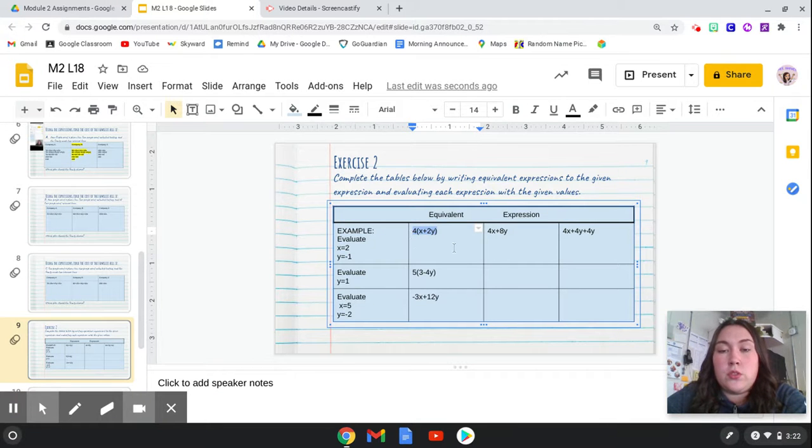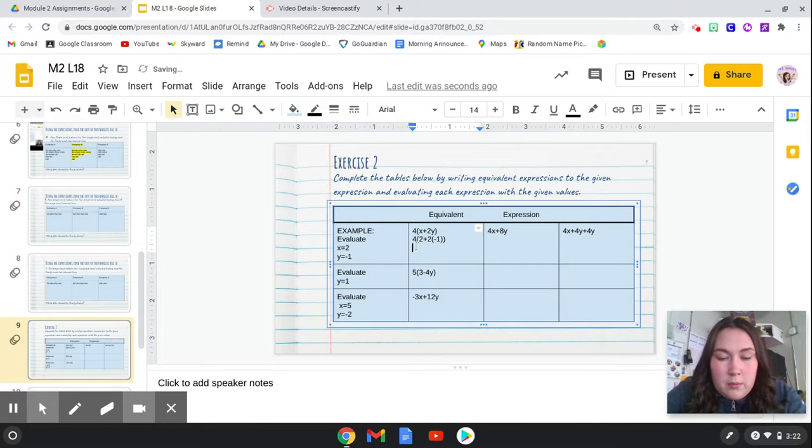Now that I have 3 different ways to write that equation, I'm going to plug in my x and my y that they tell me, and I'm going to solve. So here I would go 4, and then I'm going to multiply in my parentheses 2 plus 2 times -1, and then I'm going to solve.